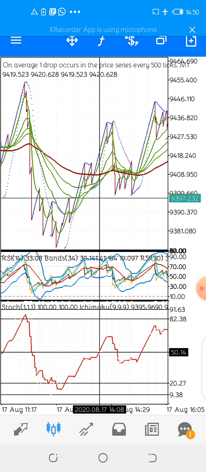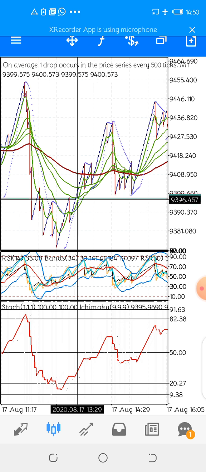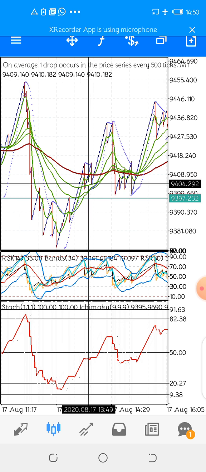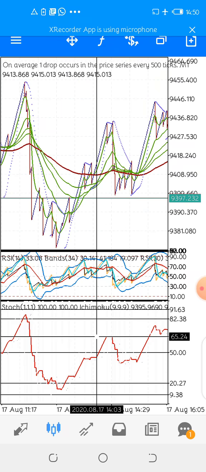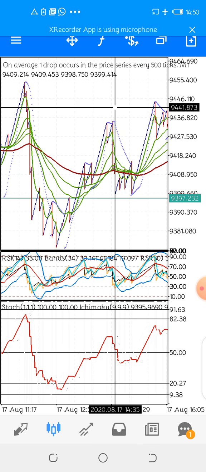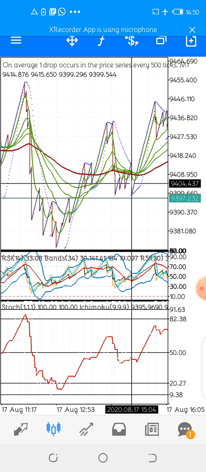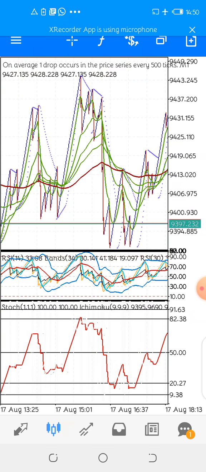Why? Because at this time the moving average 300 was above us, so it would probably use our 300 as resistance at the top. And you see, immediately after it crossed 50, it just went a bit higher, then started coming down. Okay, let's continue.